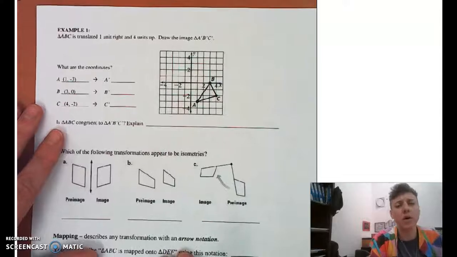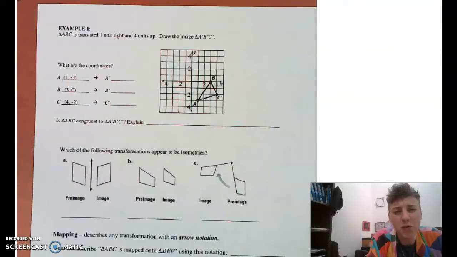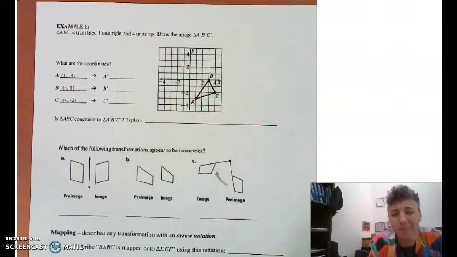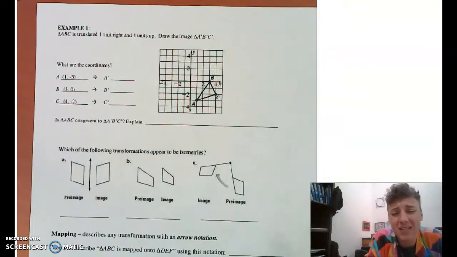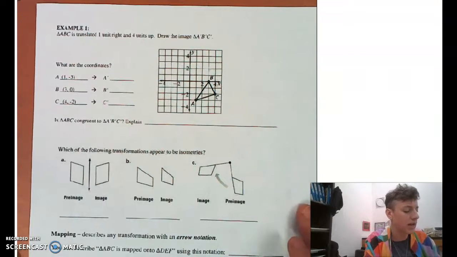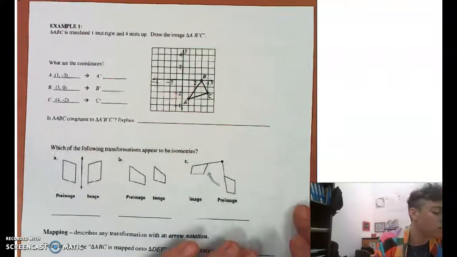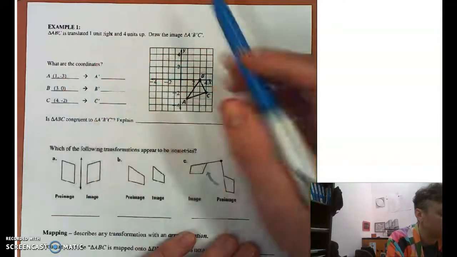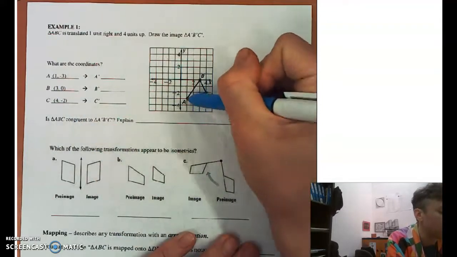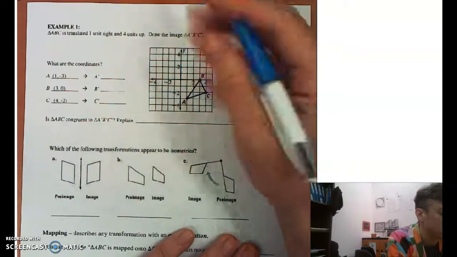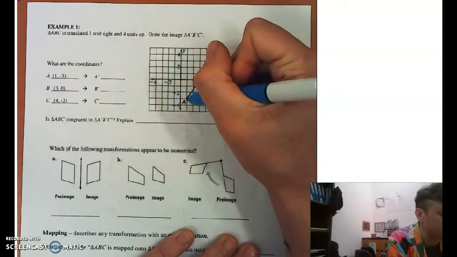Example number 1. Triangle ABC is translated 1 unit right and 4 units up. Draw the image A prime, B prime, C prime, which is also a triangle. Okay. Here we go. A was at 1, -3. It's supposed to go up 4 units, right 1 unit. I said those backwards, but it doesn't matter.